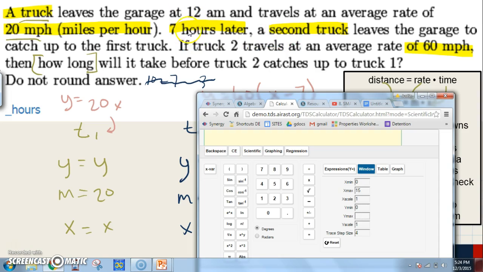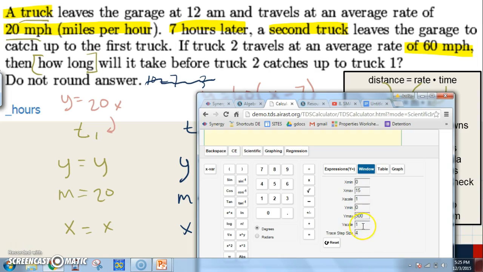So for 7 hours, this first truck has been going 20 miles an hour. Well, what's 7 times 20? That's 140. So we can say the distance is at least 140. So maybe 300.